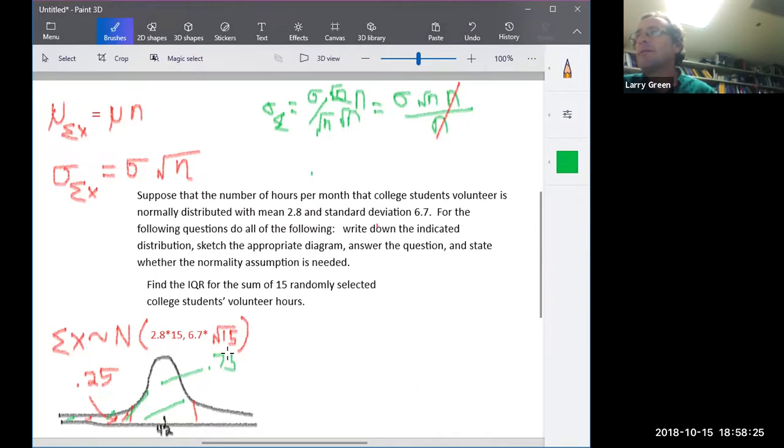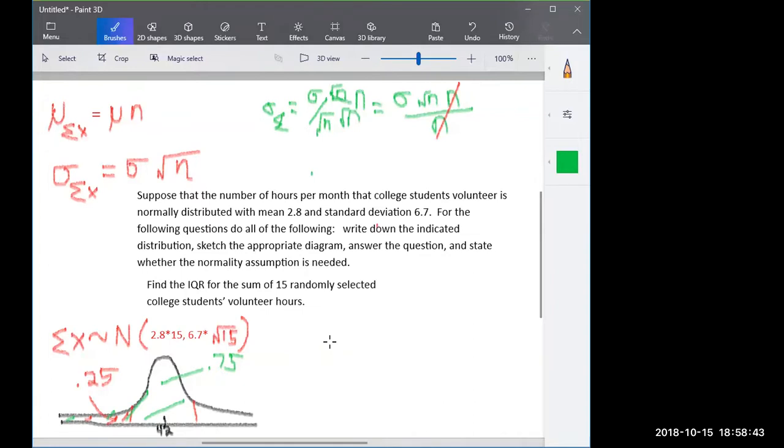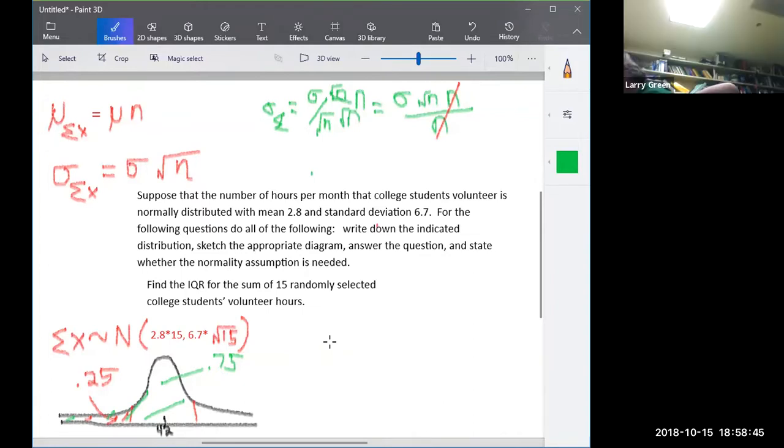Any questions on that? Okay, we need to find the values of x. Obviously, you're not going to want to do this by hand. Let me write down a few things. We have 42, 6.7 root 15 was our normal distribution, and we want the IQR.